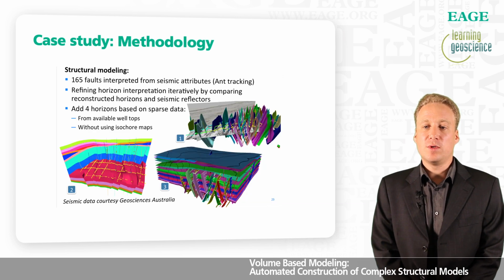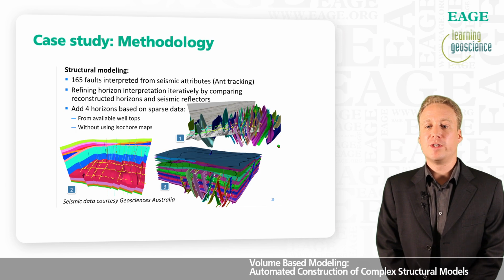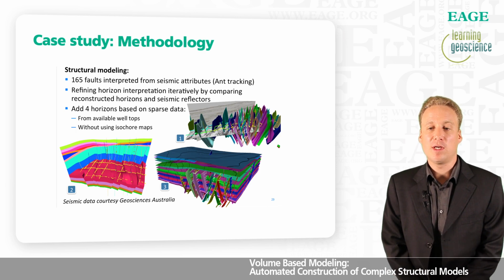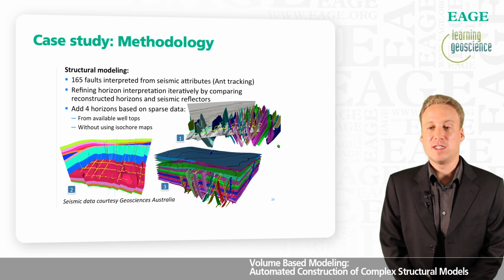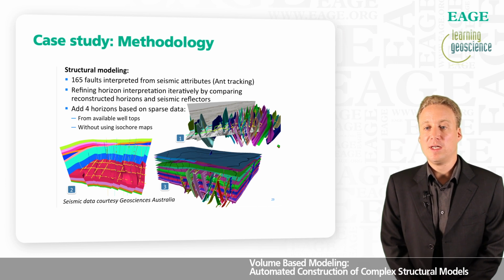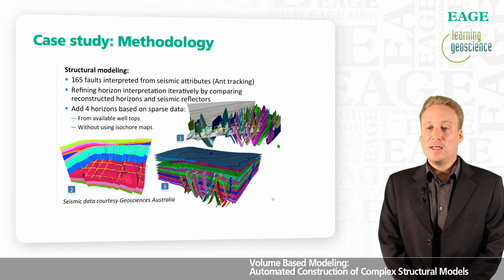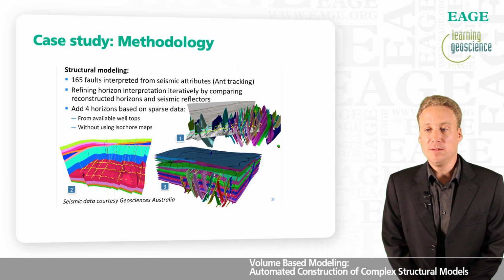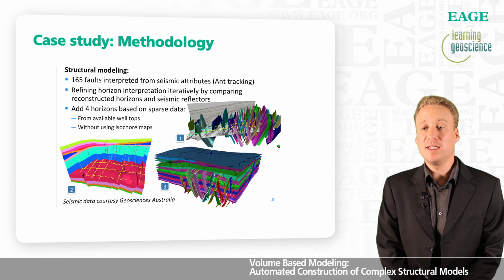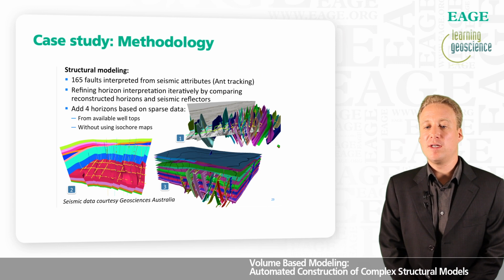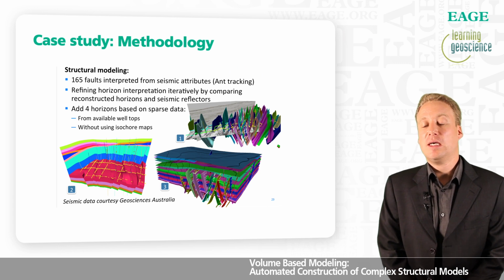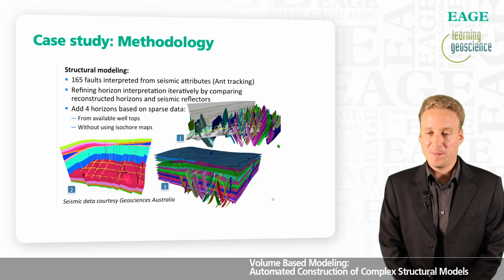The methodology that we used was first to interpret and model the fault surfaces. So in this model we have 165 faults that have been interpreted and modeled. And then for the horizon interpretation, we built it iteratively, meaning that we first did a very sparse interpretation of the horizons.